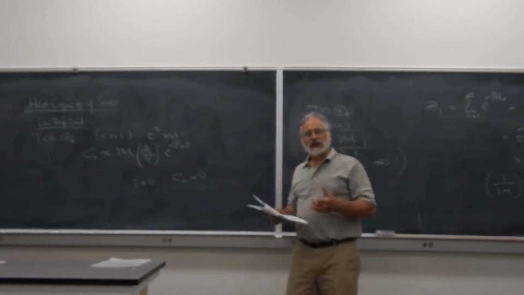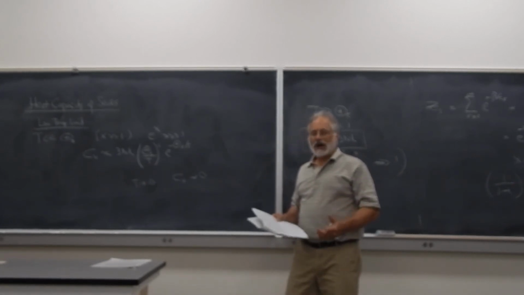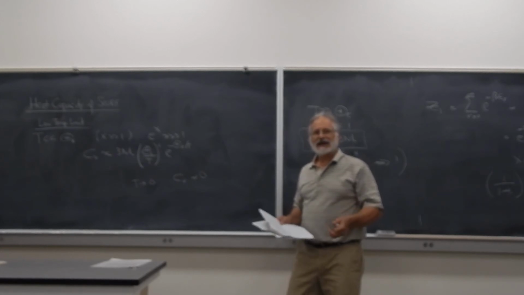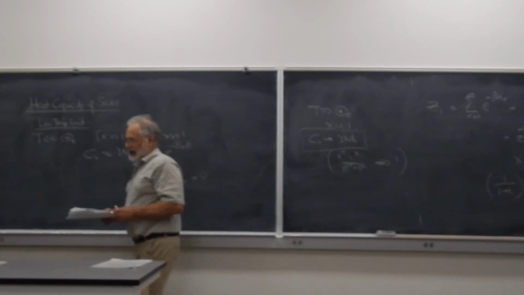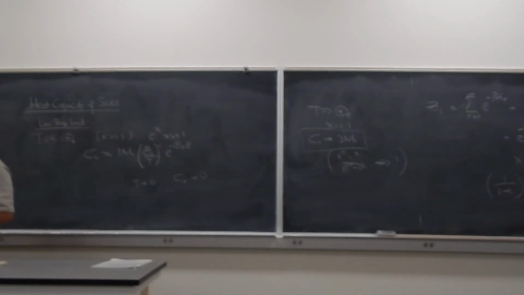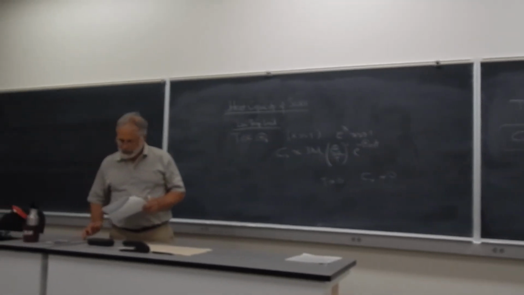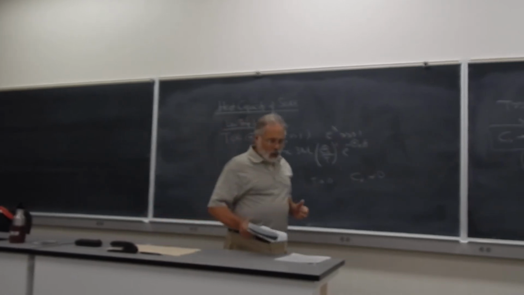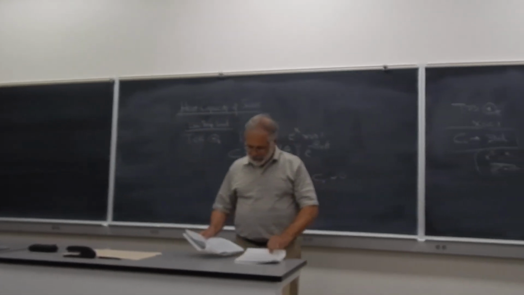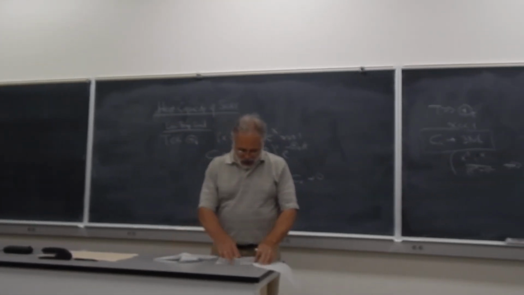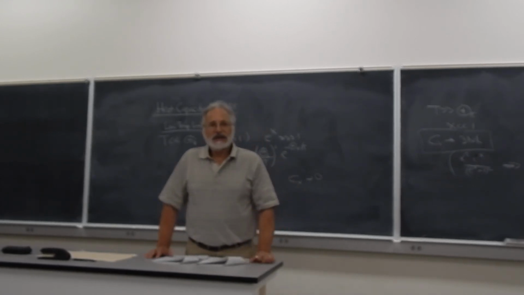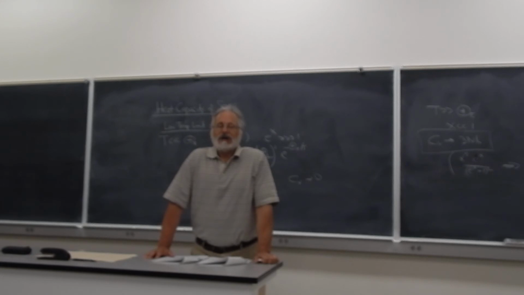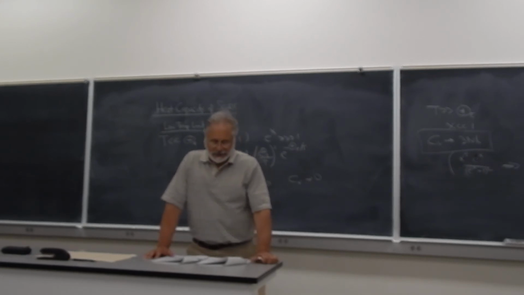So the Einstein model, although it gives us some qualitatively correct things, we need something a little bit better. And so it leaves something to be desired. What we'll do then, we're going to move into an improvement on the Einstein model called the Debye model.